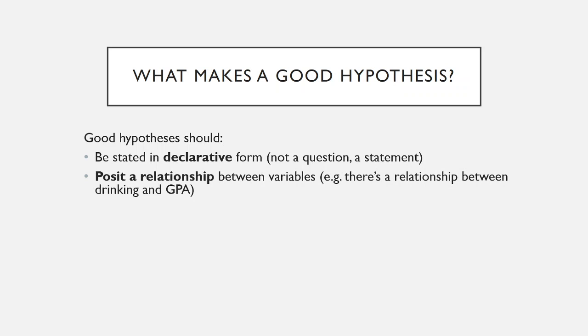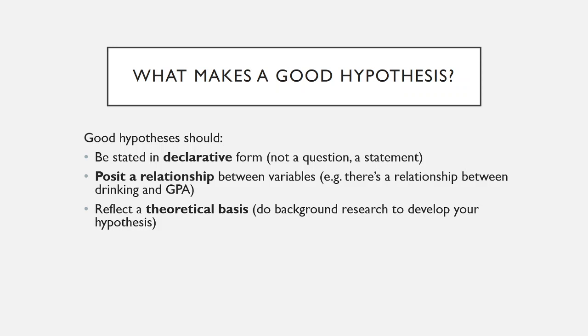It should be worded in terms of the relationship that you're trying to uncover between variables. I'll discuss this a little bit more later, but typically, your hypothesis should not be about trying to find the absence of a relationship between variables, because the logic for trying to demonstrate a negative or an absence of a relationship works a little bit differently than trying to find that two variables are related. So, your hypothesis should be structured around the relationship between variables you're seeking to find.